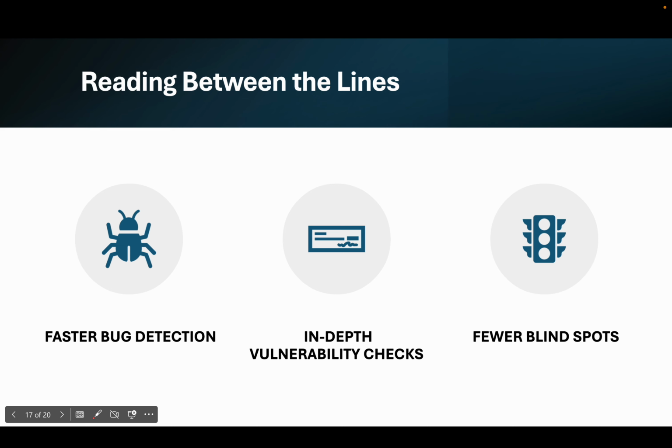When performance isn't a bottleneck, you can push further into complex code logic like nested loops or multi-layered conditionals. And one more advantage is reduced blind spots. Traditional tools might skip certain paths due to timeouts or overhead. SymCC's efficiency reduces the likelihood of missing subtle or deep-seated vulnerabilities.